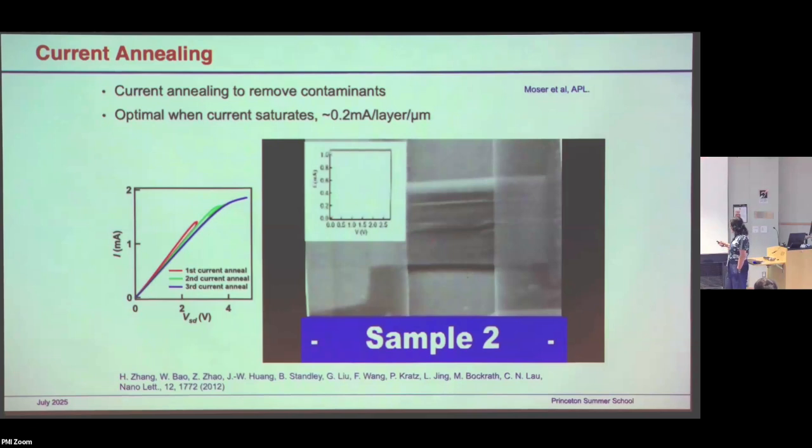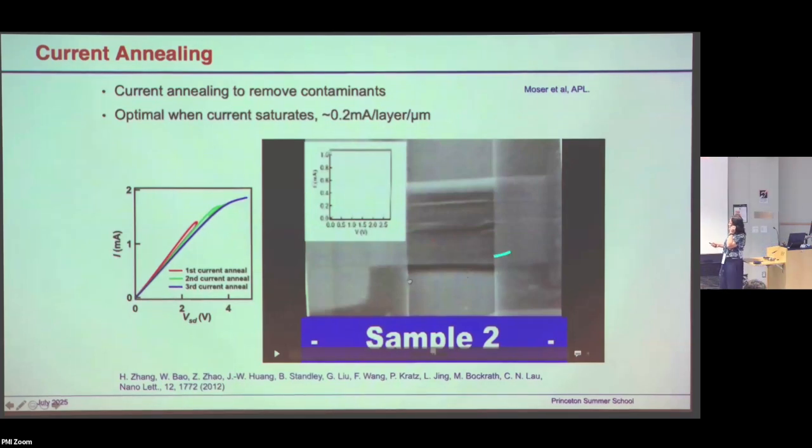I hope I can make a video. We actually image what happens, for example, when we pass a current through a piece of suspended graphene. The link is broken apparently. All right.